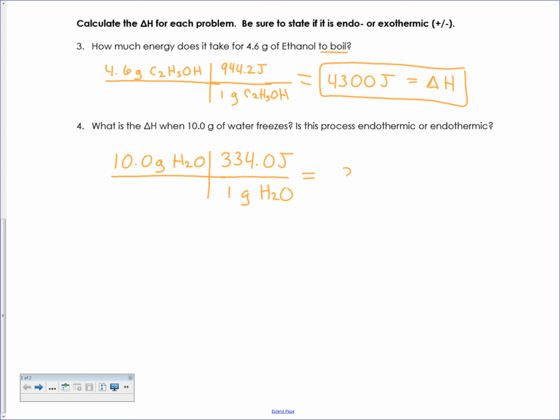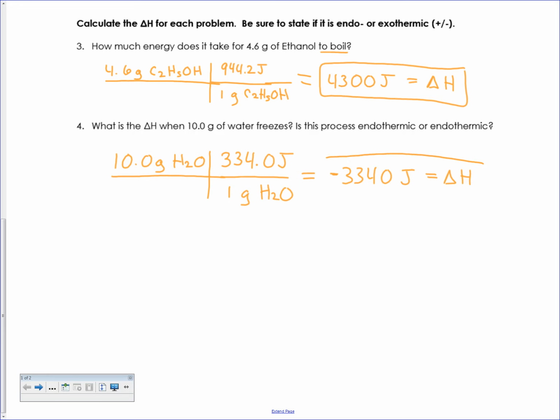You get 3,340 joules. However, it's important to note that this is a freezing process, which means that we're going from a liquid to a solid. Going in that direction, it's exothermic, so heat is going to be given off. So we need to throw a little negative sign here in front of our energy to indicate that it's exothermic, and that's our delta H.